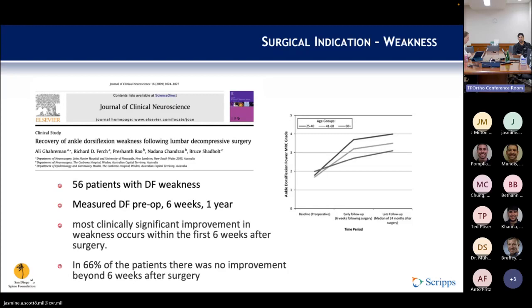They showed that the most clinically significant improvement in weakness after undergoing surgery was in that first 6 weeks. And in 66% of the patients, there was no improvement beyond 6 weeks. So I think this is important in terms of counseling patients on what their expectations should be, should they have a motor deficit.